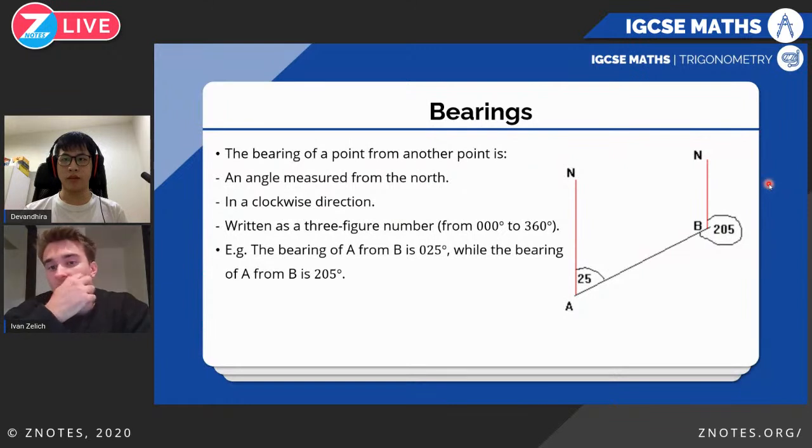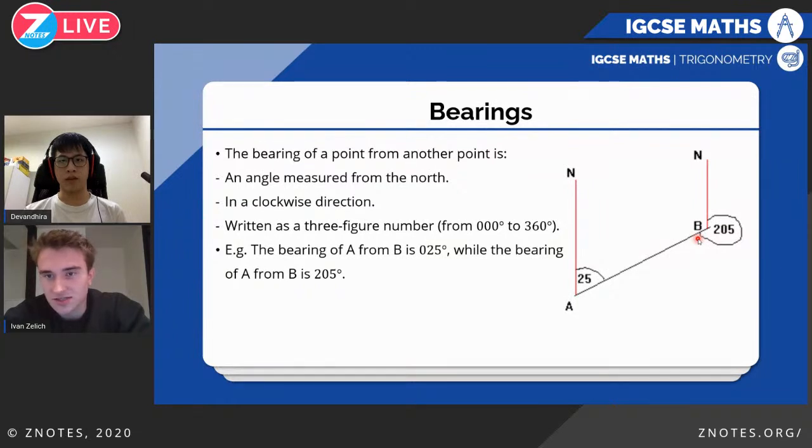So from north, clockwise is the bearing of B from A. Alternatively, you could also ask the angle of depression, and that would be from B horizontally to A. But you could also ask for the bearing, in which case you'd have to go all the way across in a clockwise direction. So you could be asked different types of questions, and remember, bearing is the one from north clockwise. And it's written as a 3-digit figure from 0 to 360.